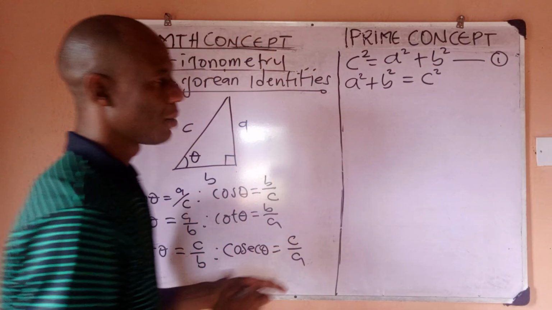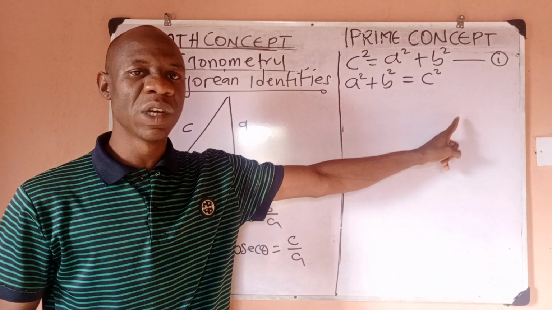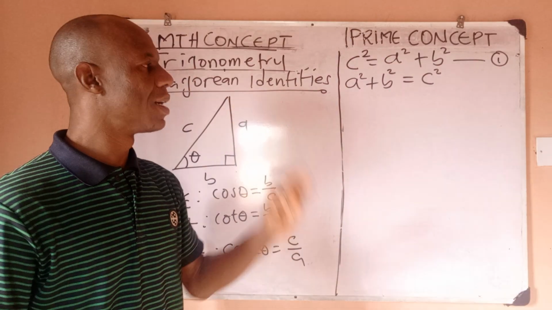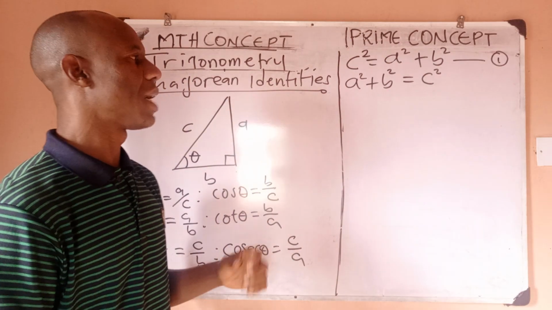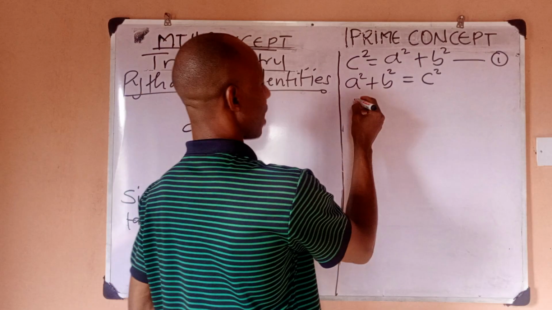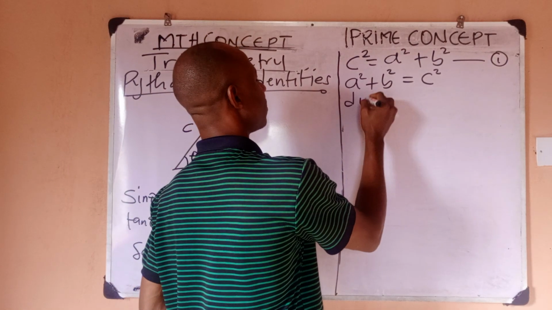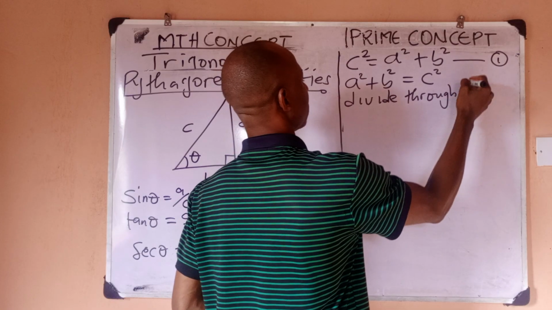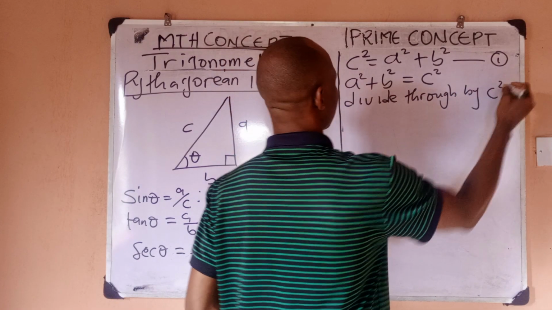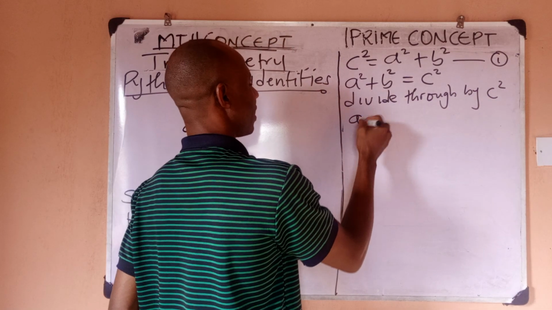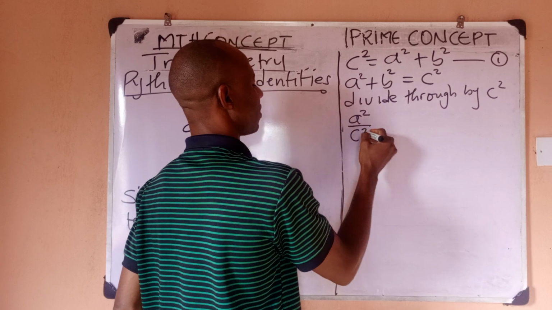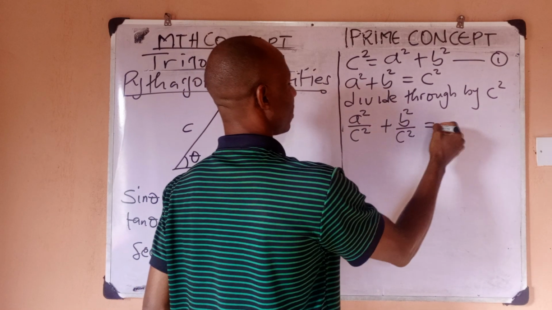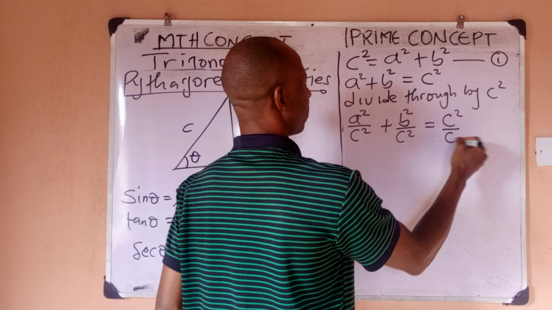What I'm going to do is divide through this equation by c². Then I would have a² over c² plus b² over c² equals c² over c².